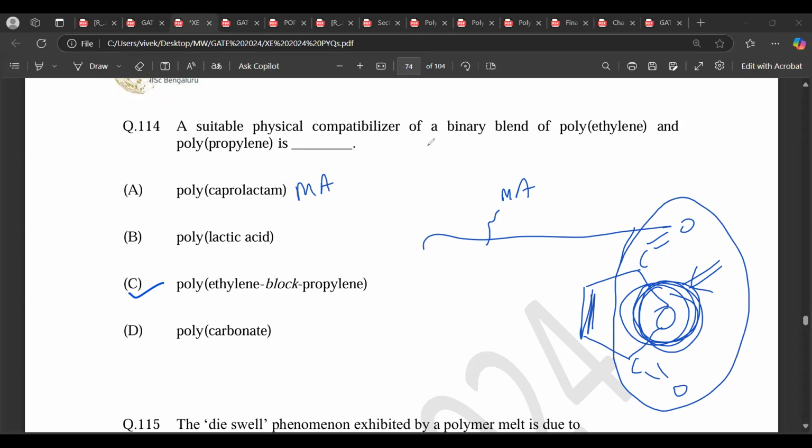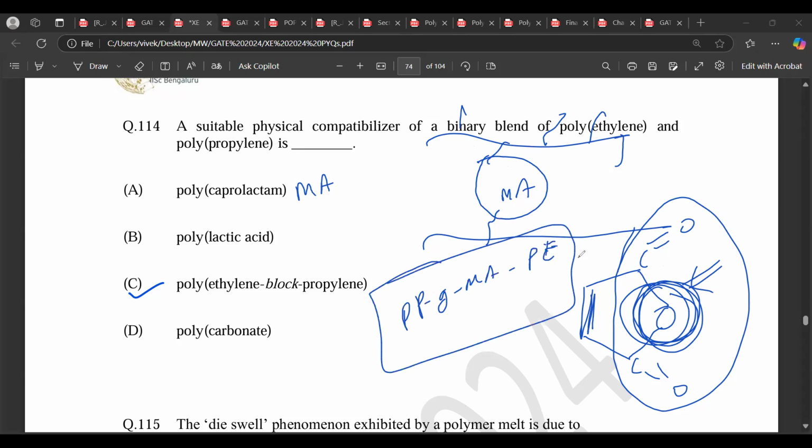So polypropylene can be grafted with maleic anhydride, and then PE. This is a compatibilized blend, or you can say grafted copolymers you are using.